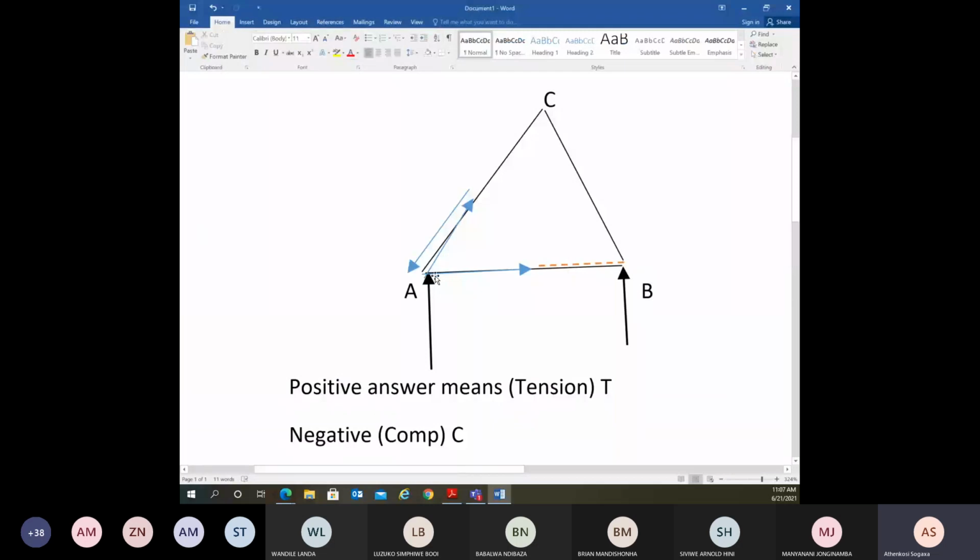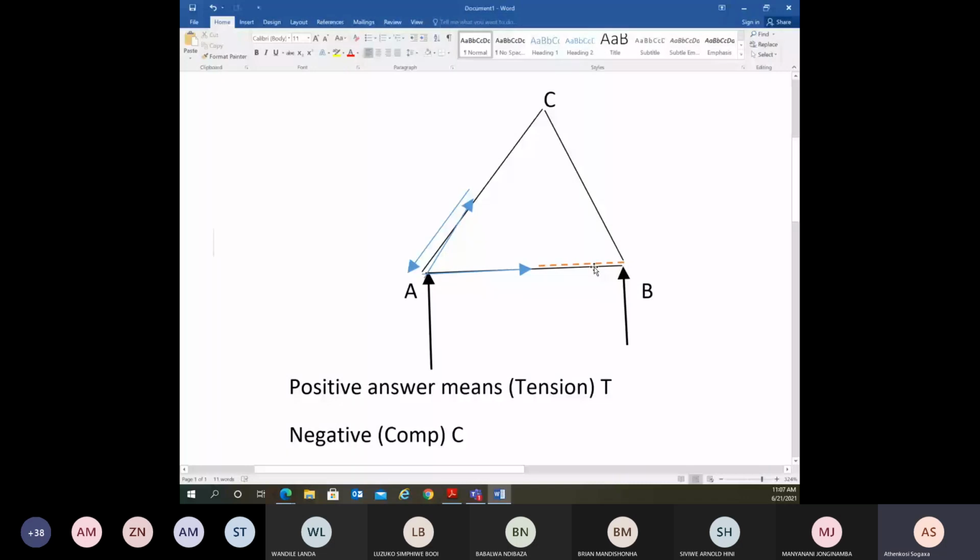You'll find that since it pulls away in this direction, your answer will be negative, and on this side it will be positive. The answer you have here is positive, in tension, but this one is in tension but towards a negative direction. You see?